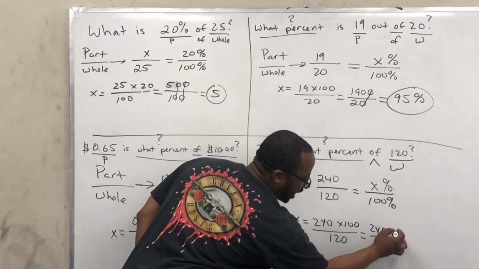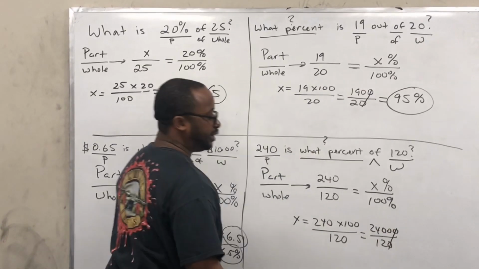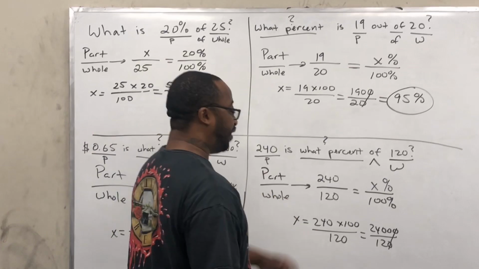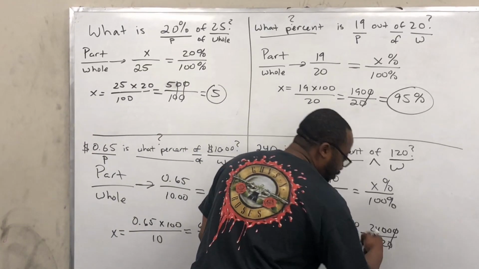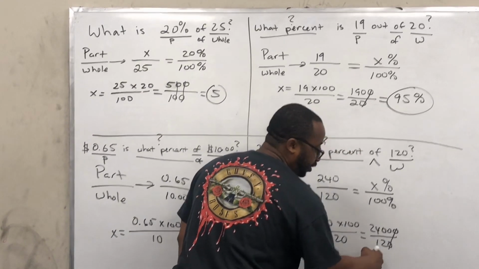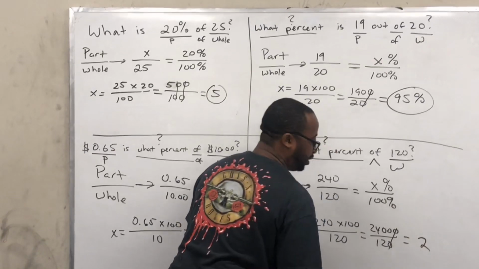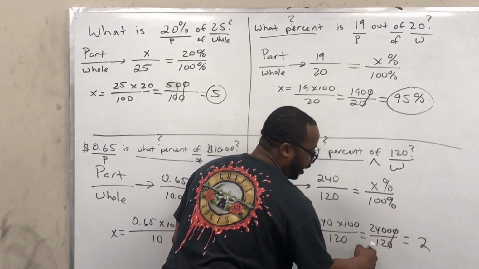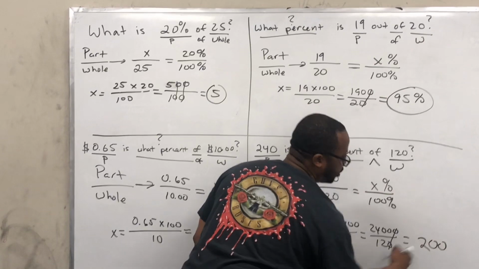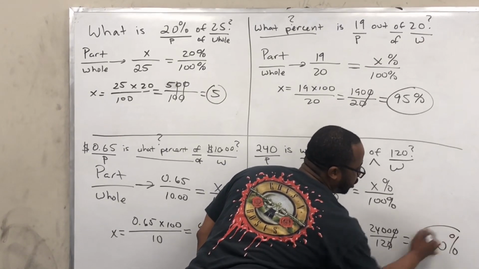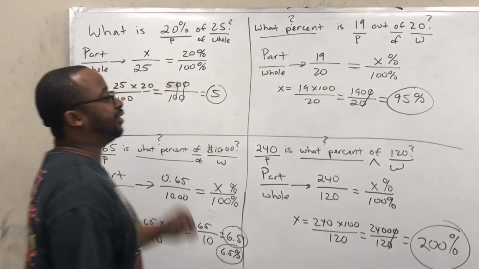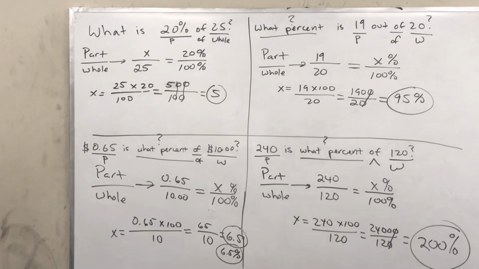Remember the zeros, last place again, cross them out. Now I got 2,400 divided by 12. So 24 divided by the 12 will give me 2. And then the 2 zeros divided by the 12 is just going to give me the 2 zeros. So this is going to be 200% here, okay?